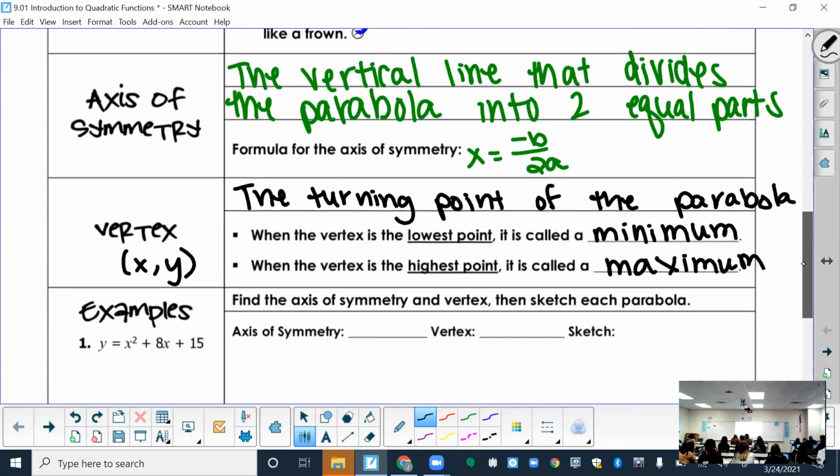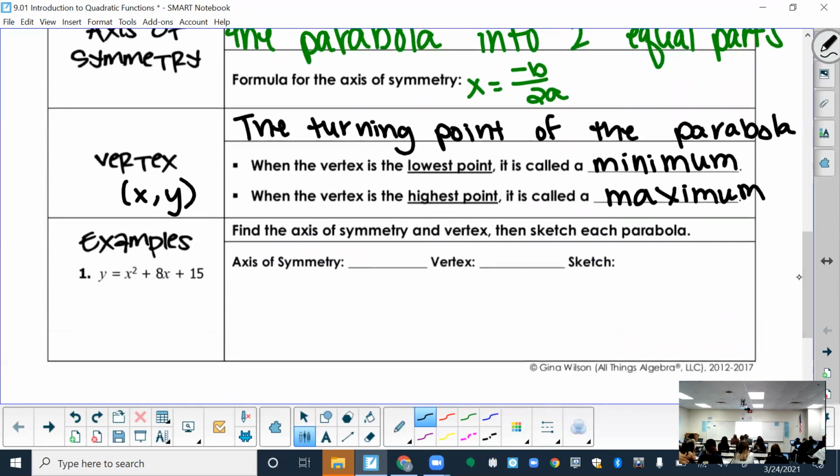So then down here, we're going to put it all together. We're going to look at a quadratic function that we're given and identify those two things graphically and algebraically, starting with the axis of symmetry.